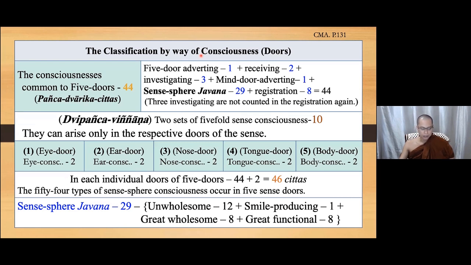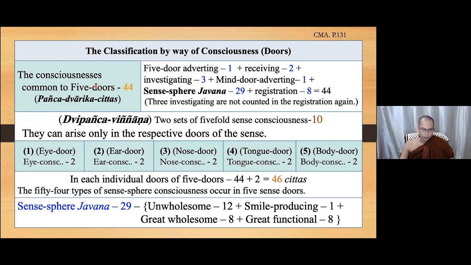And secondly, it classifies the cittas according to the number of doors through which they arise. It means that in the Kicca Sangaha, the compendium of function, these two ways of expression were already used.